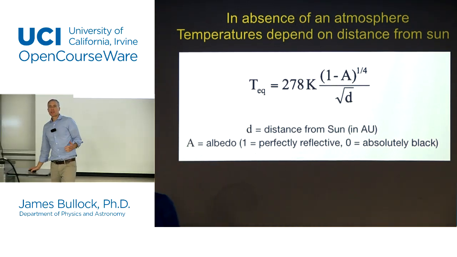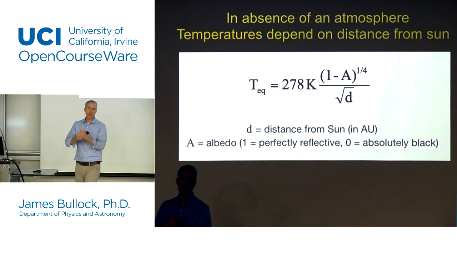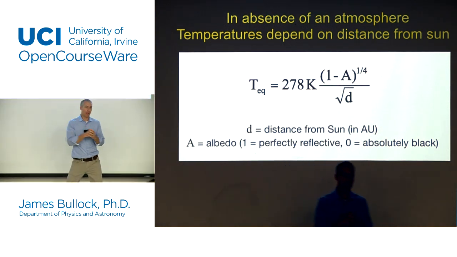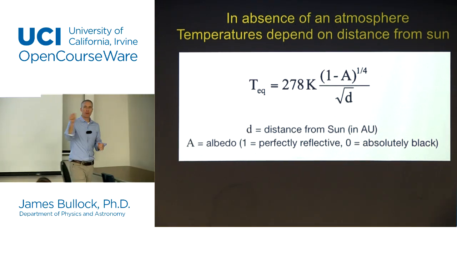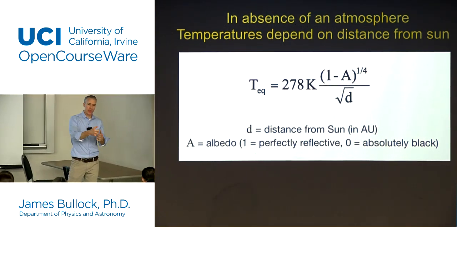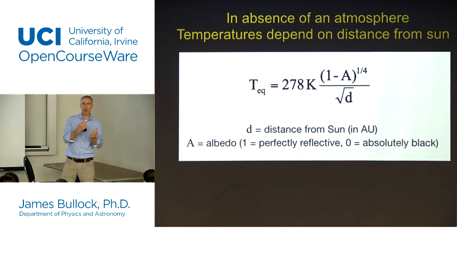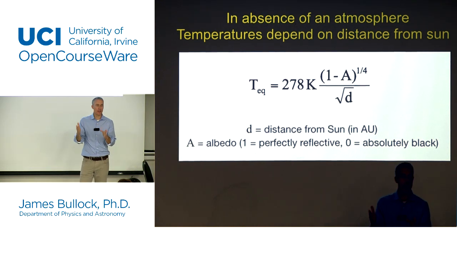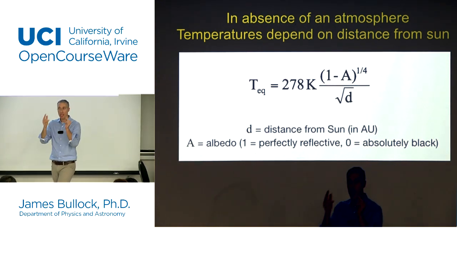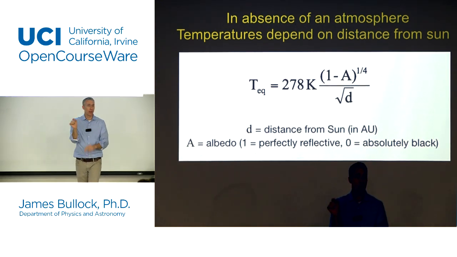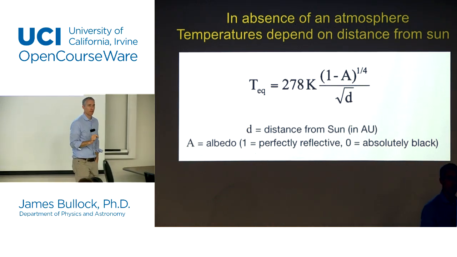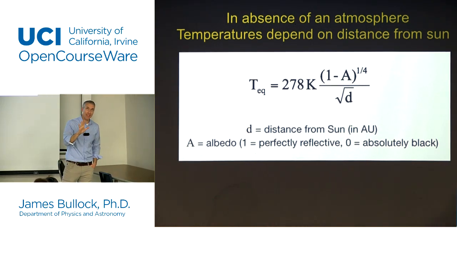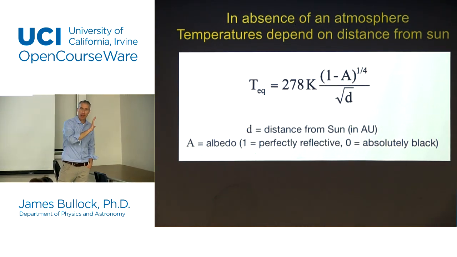Now, the thing about it is, you can actually work out what the temperature of a thing should be given how far away it is from the sun. Because if it's close to the sun, it's collecting a lot of energy per unit time. If it's far away from the sun, it's collecting less energy per unit time. And you can calculate exactly what's called the equilibrium temperature of that thing, depending on how far away you are from the sun, in the absence of a greenhouse effect atmosphere, so let's ignore that.